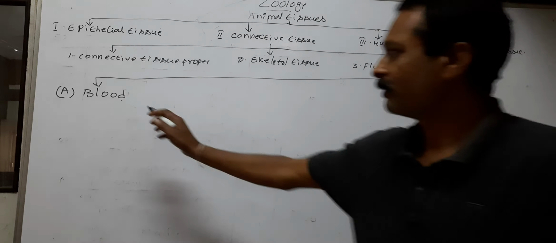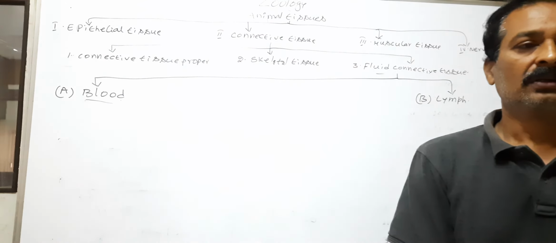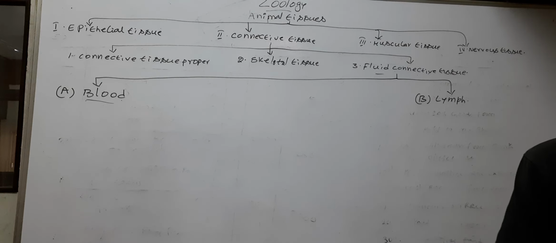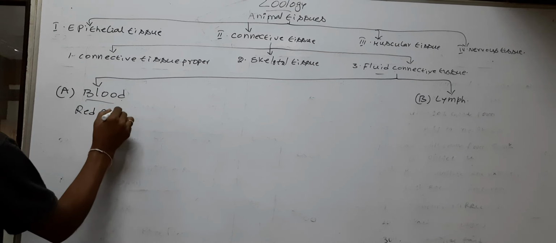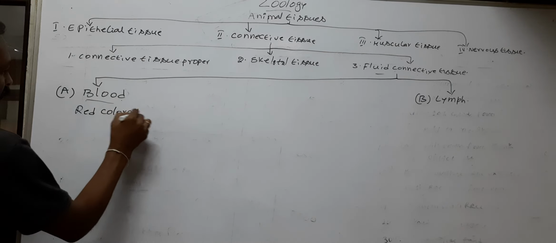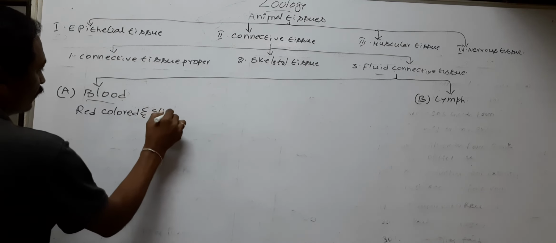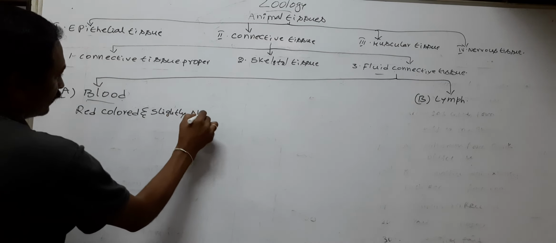First we discuss the blood. Blood is red colored and slightly alkaline.